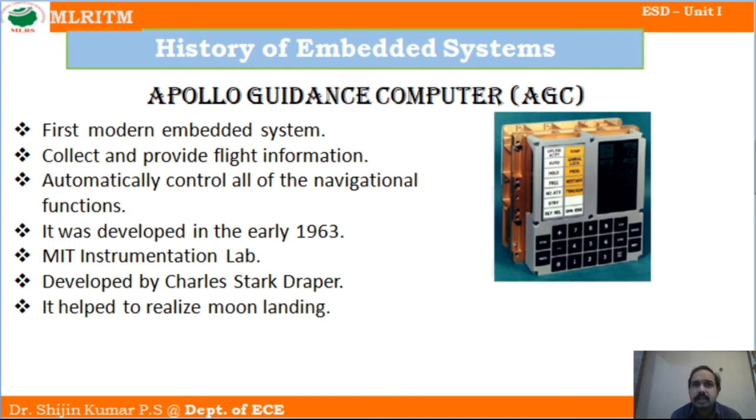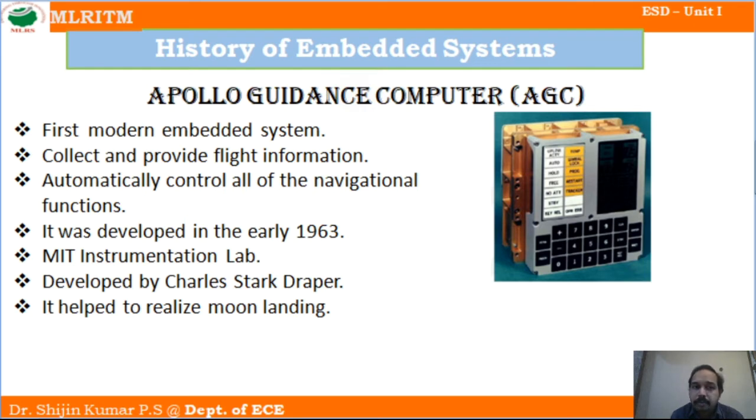It was developed in early 1963, in the MIT Instrumentation Lab. MIT means Massachusetts Institute of Technology, a prestigious organization in the USA. There the first embedded system was developed.